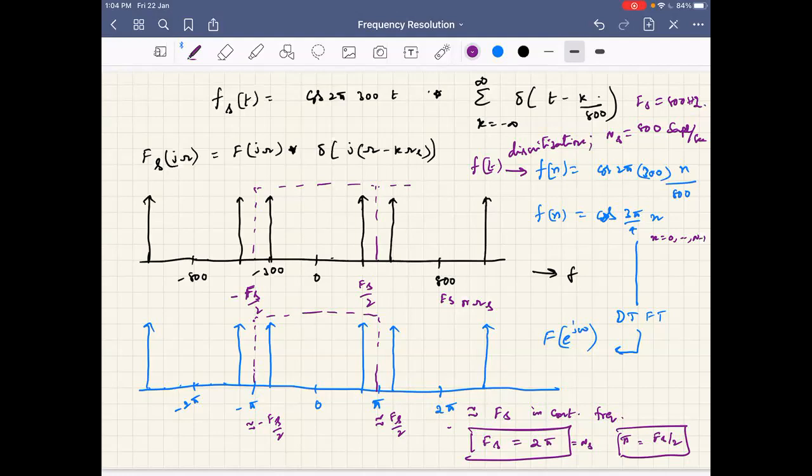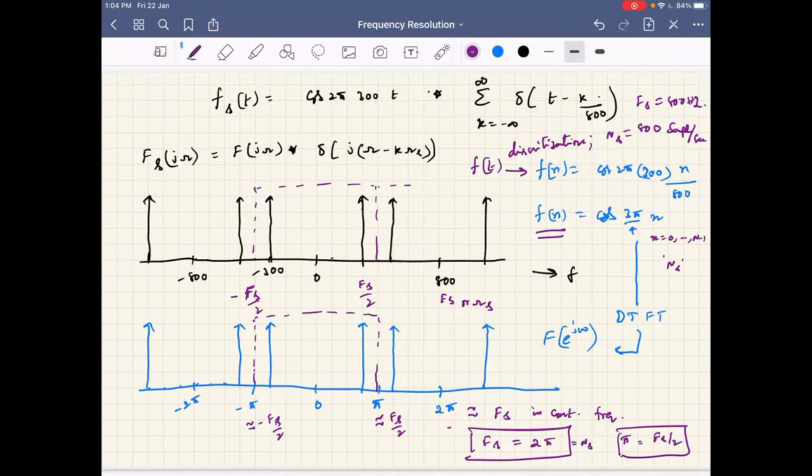That's what is happening in continuous time, when I'm doing sampling. Whereas when I take a finite signal, the number of samples I take need not necessarily be ns. They can be less than ns, more than ns, or exactly equal to ns. Now the question is, if I take exactly ns, then what is the frequency resolution?